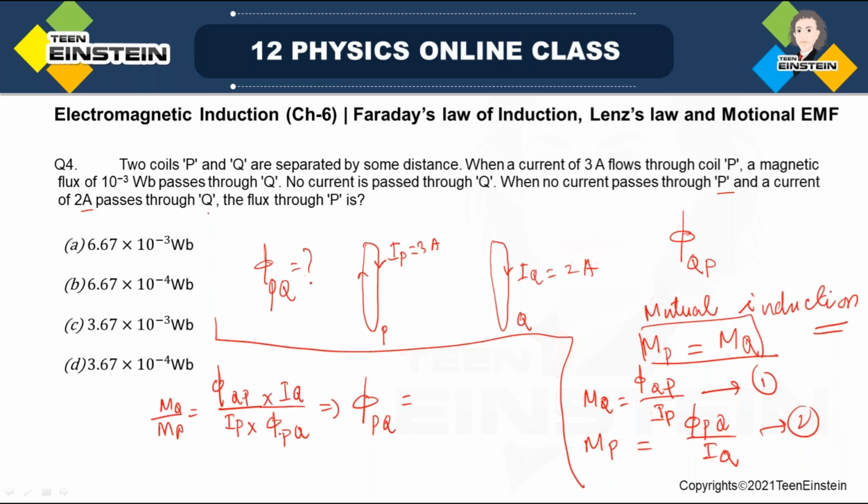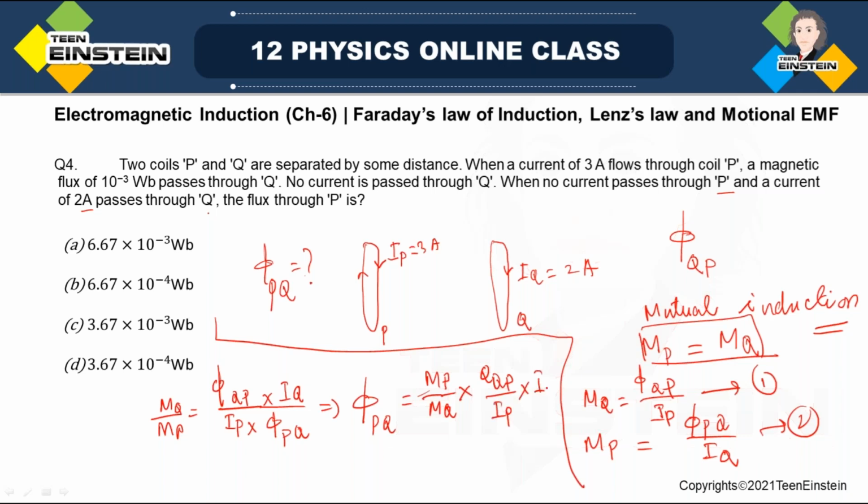So phi PQ is equal to MP by MQ into, see here, phi PQ we have to find out. So MP by MQ, and here it was phi QP divided by IP into IQ.